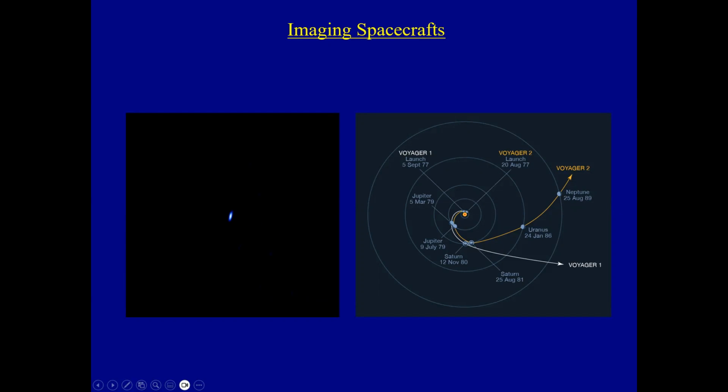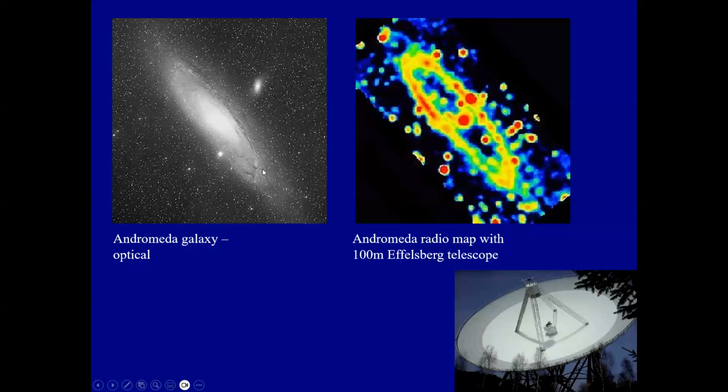So let's go back to that image of the Andromeda galaxy. If you take a visual image, there are a lot of light emitting components, a lot of stars and things like that. But if you take a radio image, you can see there are very few specific components that are emitting radio waves, right? So we can isolate those objects and study them further without the effect of other objects that are not emitting radio waves.